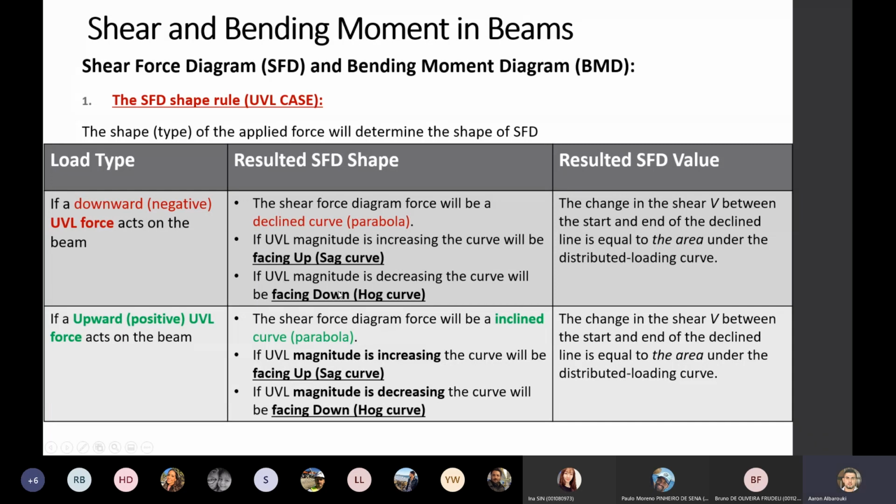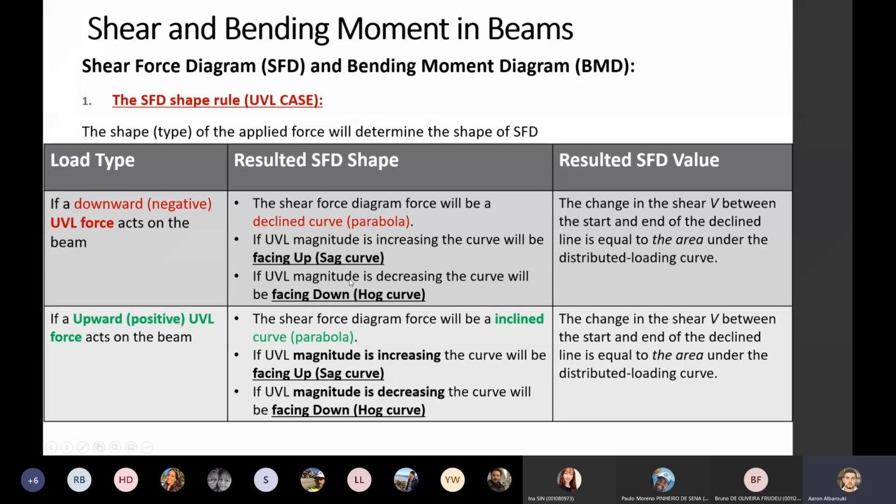If the UVL is decreasing, that means the curve is facing down, and that is what we call a hogging curve. It's the opposite of sagging curve, hog curve.